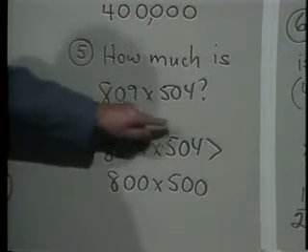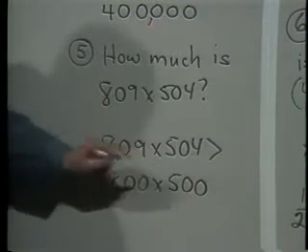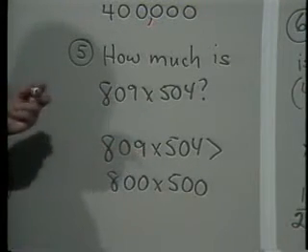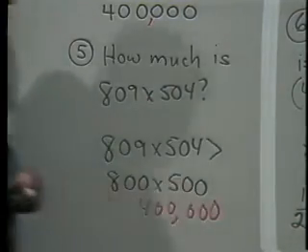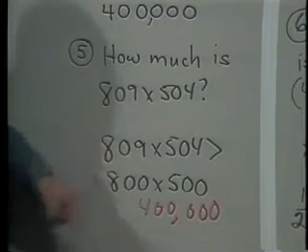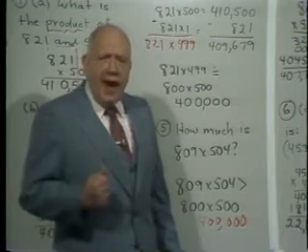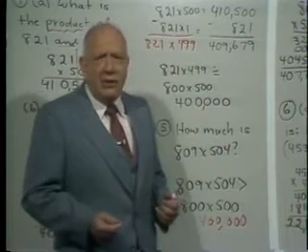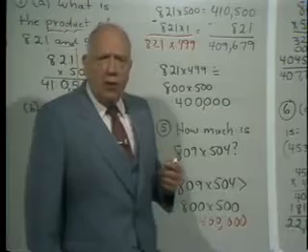And 504 is a little bit bigger than 500. And we just saw that 800 times 500 is what? 400,000. Therefore, whatever the correct answer to this problem is, it has to be somewhat more than 400,000. Knowing that, and by the way, that doesn't take that long to do, I now have parameters in my mind to know what to look for.